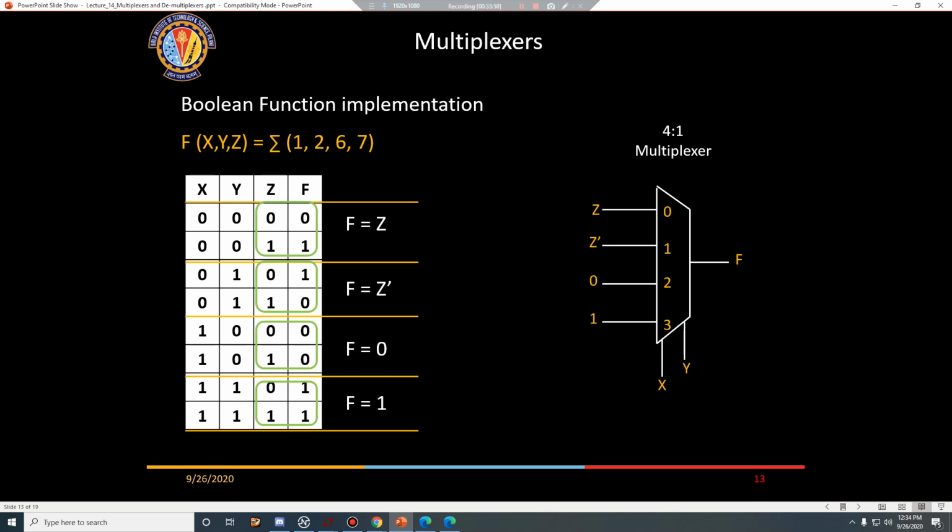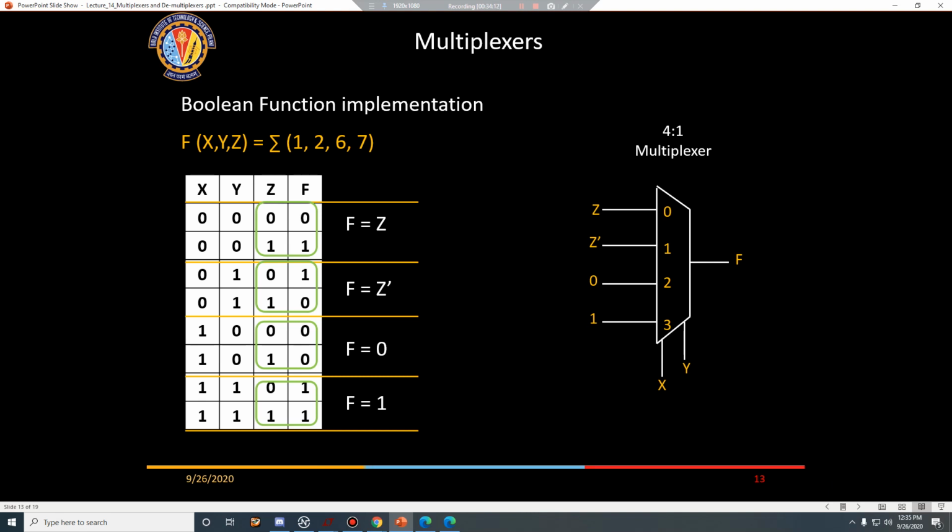In this case only Z will act as an input, whereas X and Y will only be selectors. Usually we have n selectors and 2 to the power n input lines. So this is not that case, right? No, you can split that in any way, depending on your application.